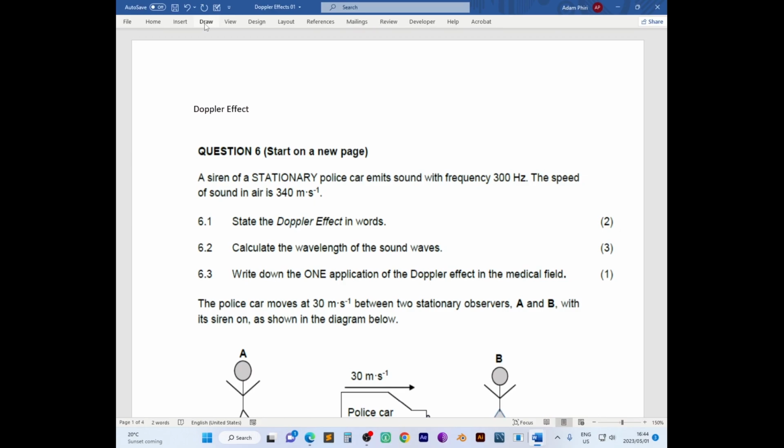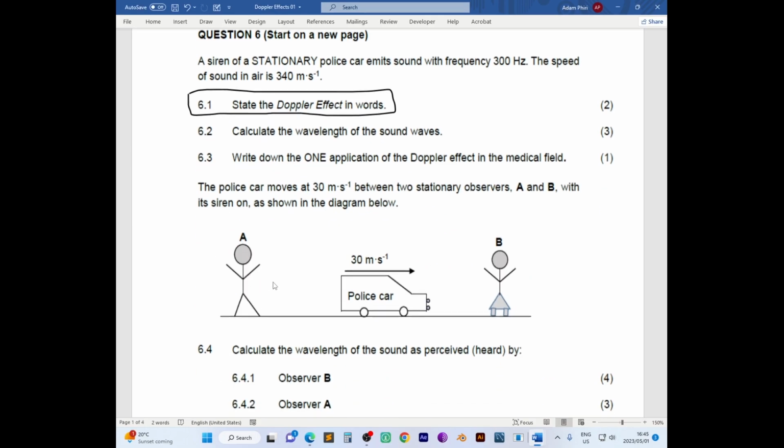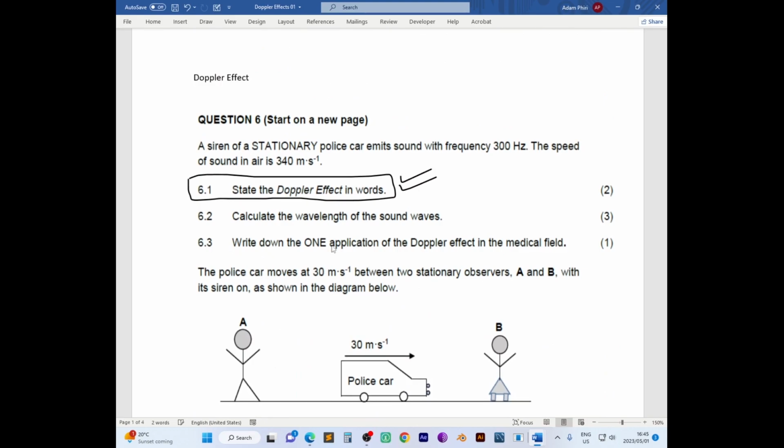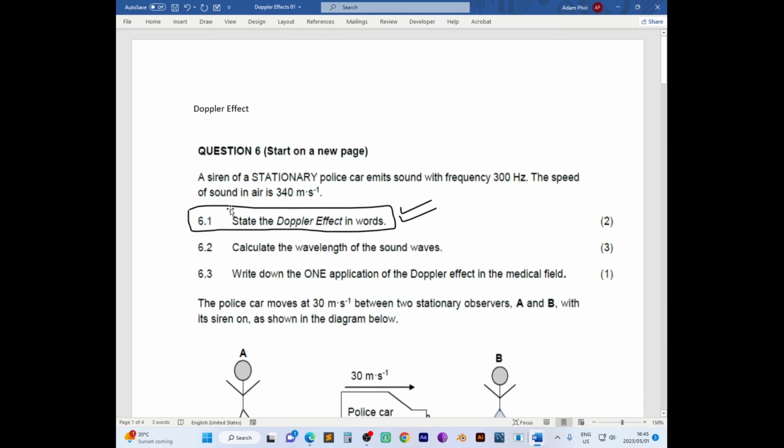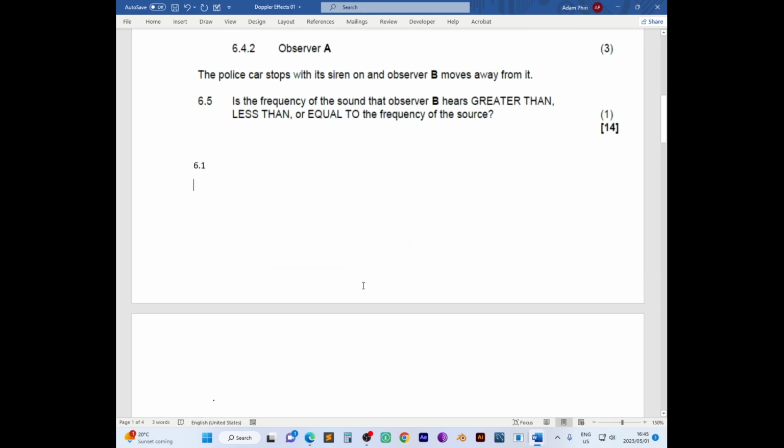So we have the question, which is state Doppler effect in words. You can derive that from the equation, but in this case let's do it in words. The apparent change in frequency, so frequency can also be considered as the pitch of the sound detected by a listener.